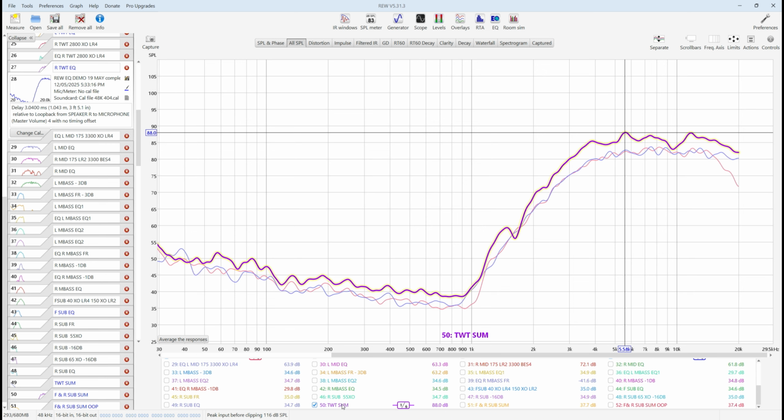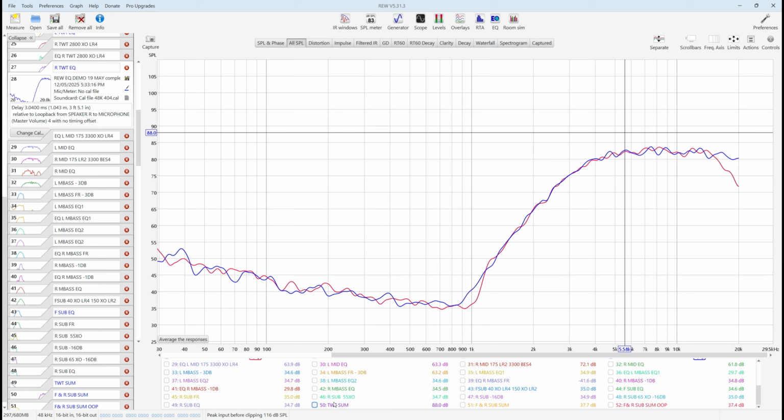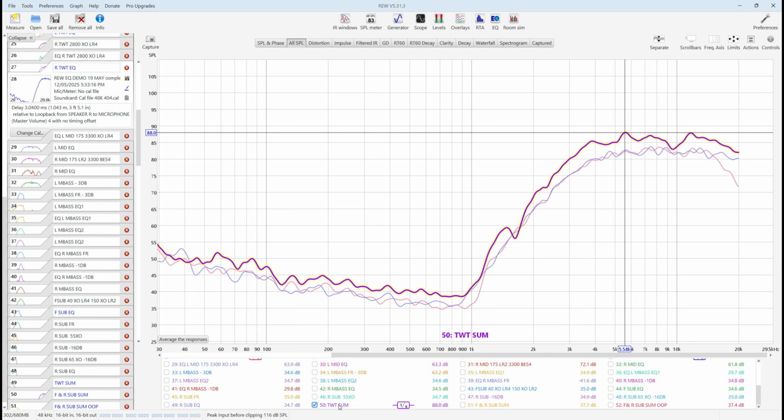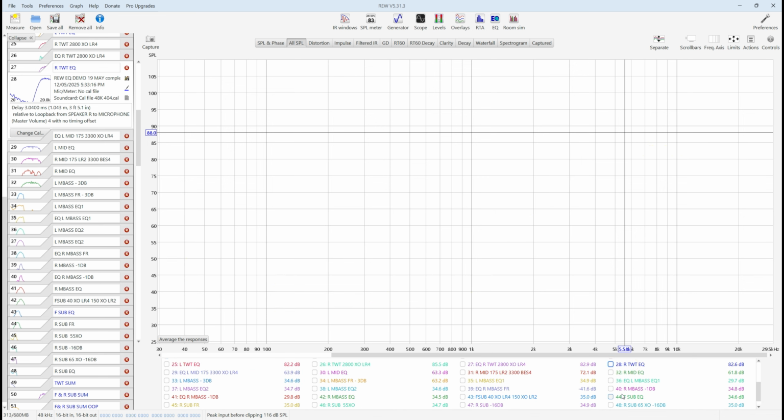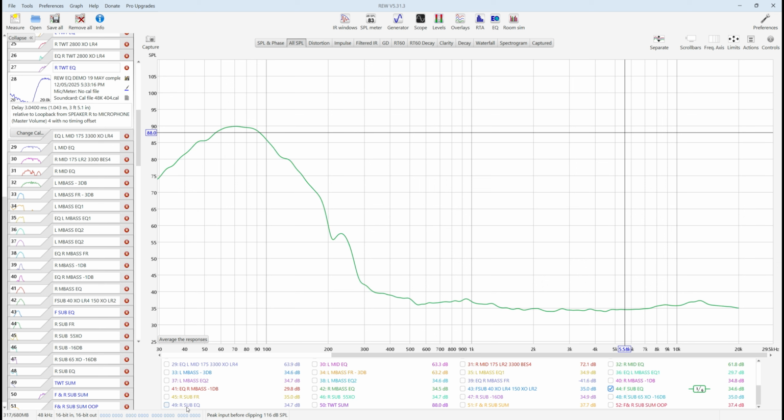When you are then looking at two different speakers, in this case the front sub and the rear sub, we're now timing two speakers instead of a speaker pair.